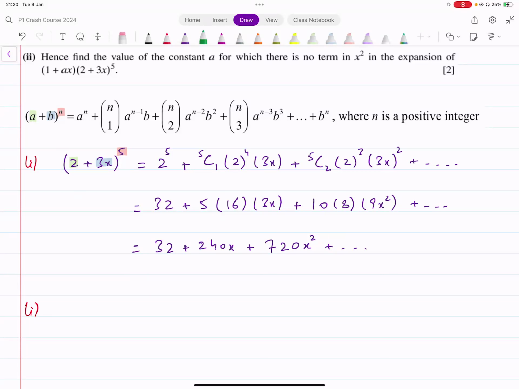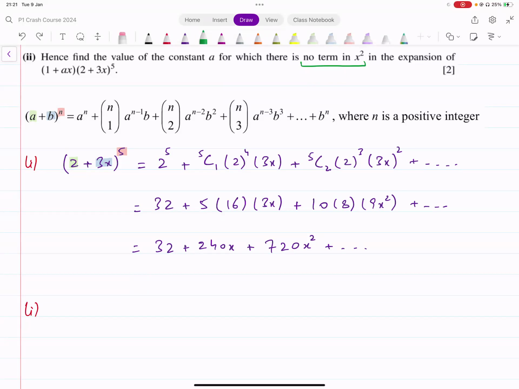We need to find the value of the constant a for which there is no term in x squared. Whenever it says there is no term in a particular power, that means the coefficient of that power has to be 0. So no term in x squared means you need to have 0 x squared.